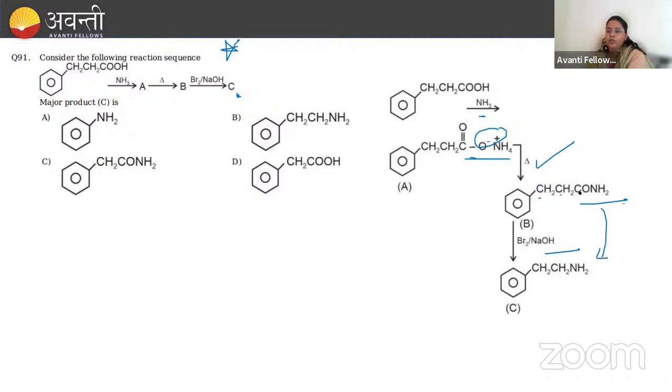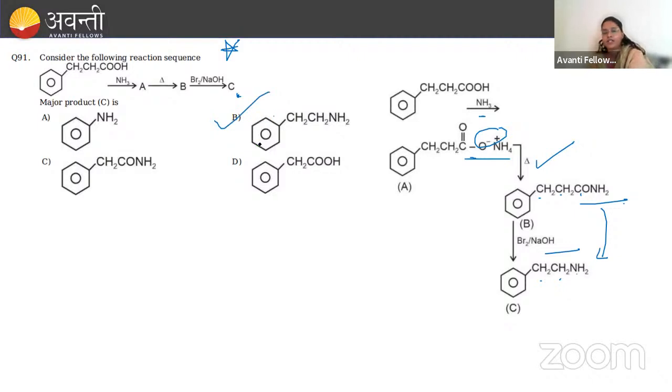So यहाँ पे 1 2 3 थे, यहाँ पे क्या है 1 2 और then nitrogen है. So this is known as Hoffmann bromamide reaction, in which amine is formed with less number of carbon atoms as compared to the reactant molecule. So that's why here our answer will be option B. Any doubt in this?